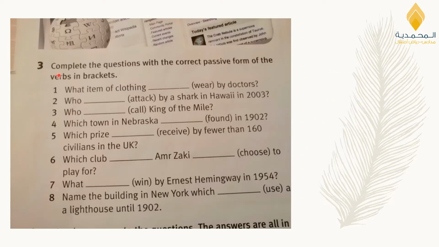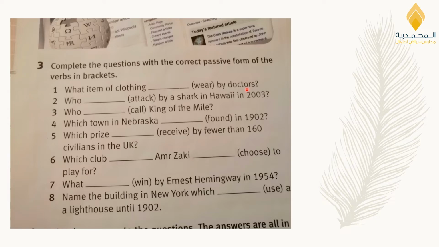Exercise 3. Complete the questions with the correct passive form of the verbs in brackets. 1. What item of clothing is worn by doctors? What's the correct form? Yes, is worn.